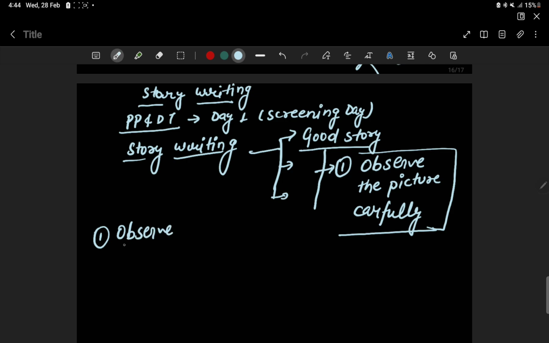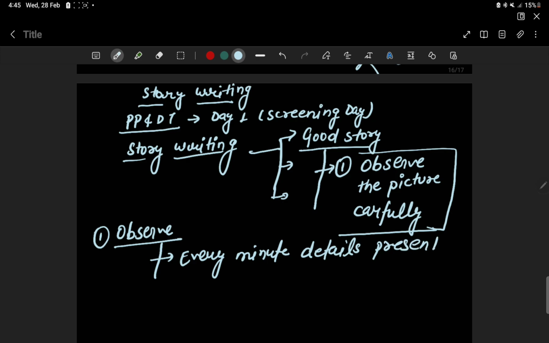Observe means every minute detail present in the picture needs to be covered and observed.